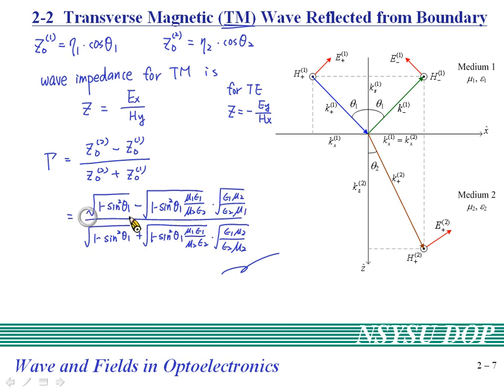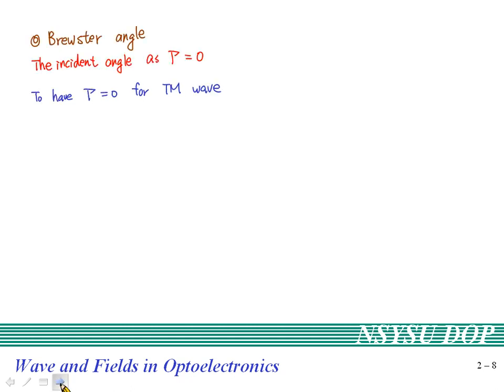So setting this part to be 0, we will have one minus sine square theta 1 equal to the following terms.